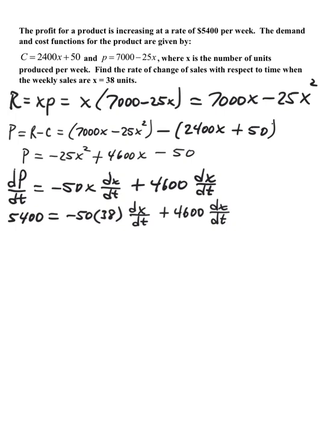50 times 38. Be careful to also include the negative. That's negative 1,900, plus 4,600. Now these are like terms because they're both dx/dt terms. 4,600 minus 1,900 is 2,700.